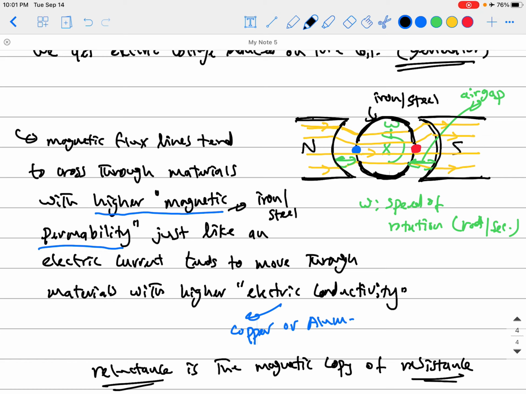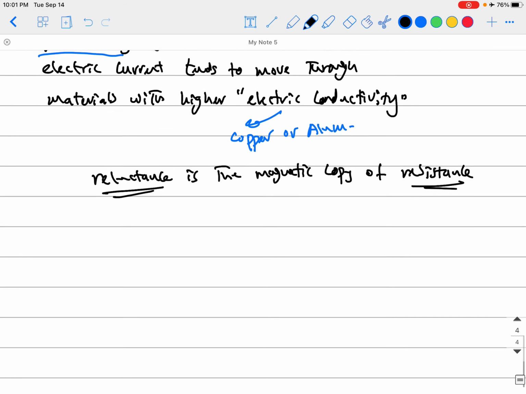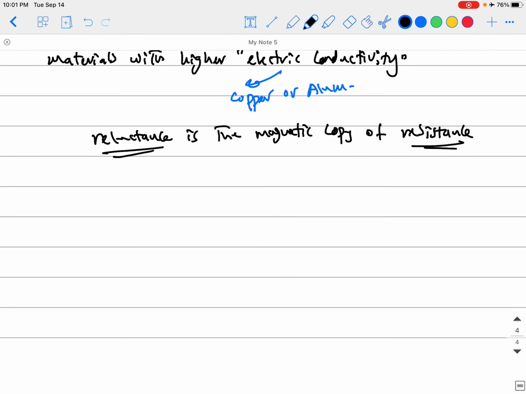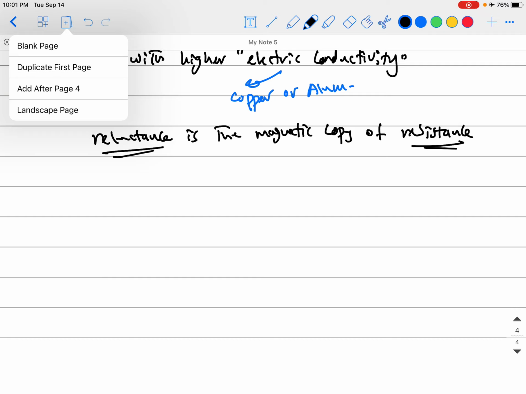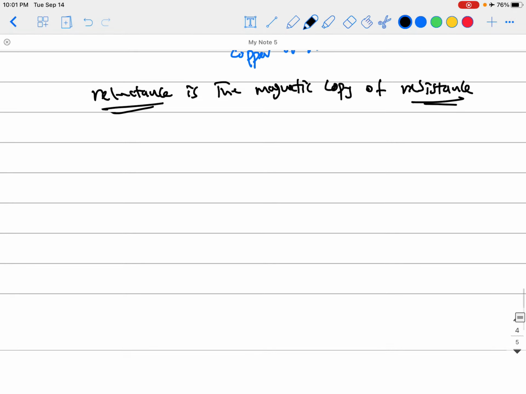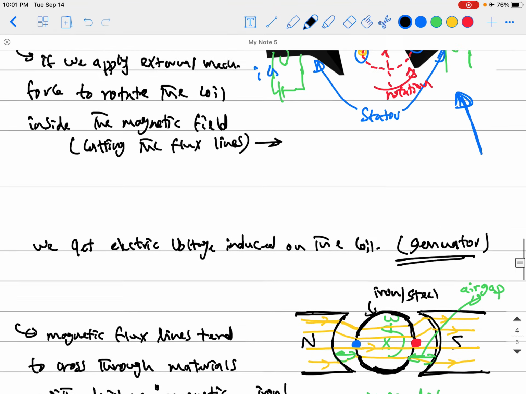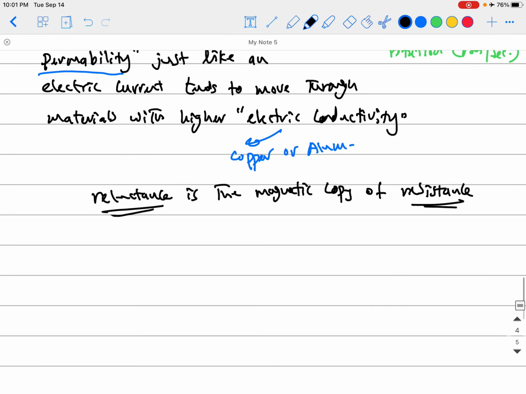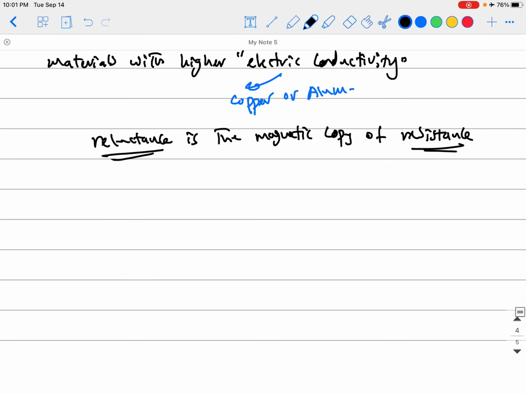Yes, they are relatively expensive and heavy, but they are the best mate for the flux lines, and we need to provide our flux lines with the best environment ever, because that's our medium for energy conversion. So that is the very simple shape of a generator like we said here.